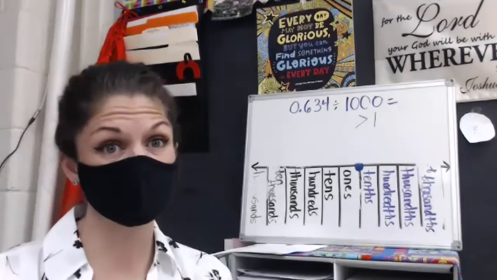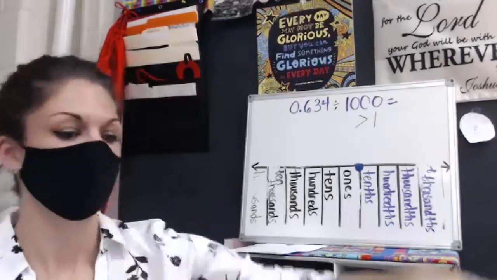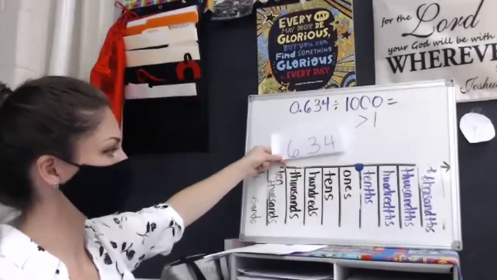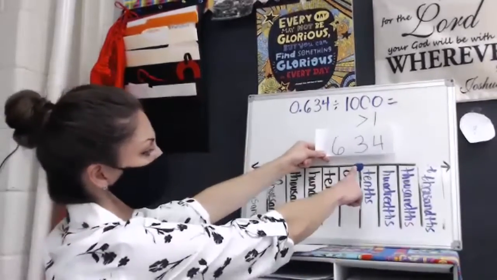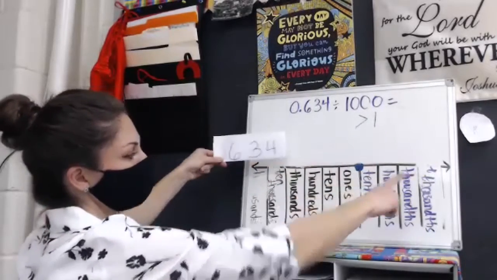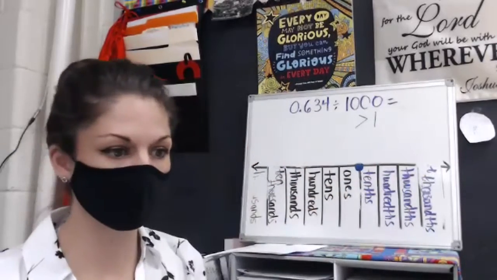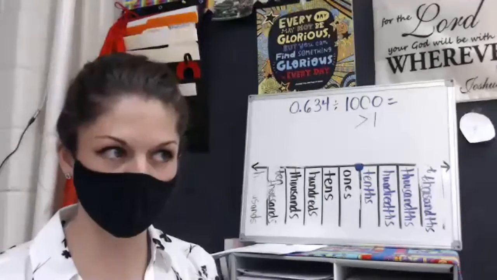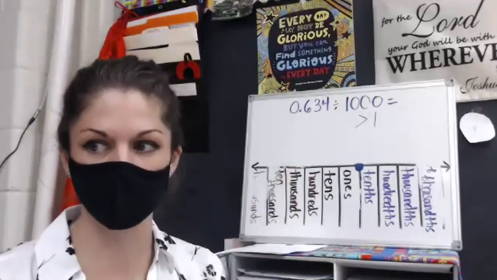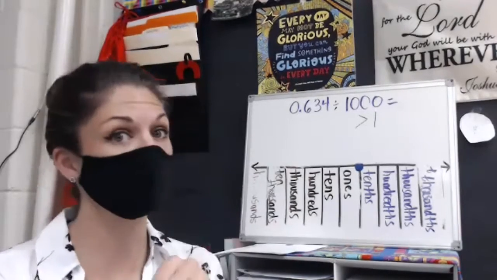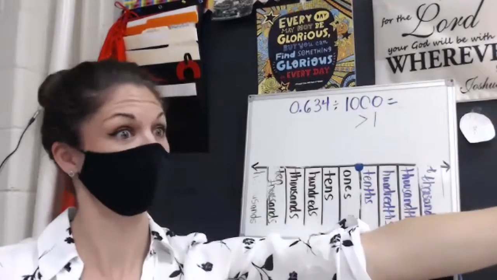Some people like to say, instead of the number moving, which it is, they like to pretend the decimal point looks like it's moving, right? Doesn't it look like the decimal point's moving? Kind of, yeah. But we know that it's kind of like we're on the earth. It looks like the sun's moving, but is the sun really moving? No. No, we're moving, right? The number's moving, but it looks like the decimal point is moving.